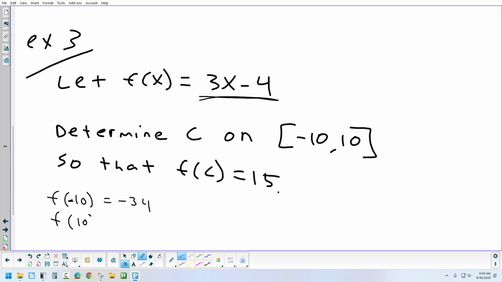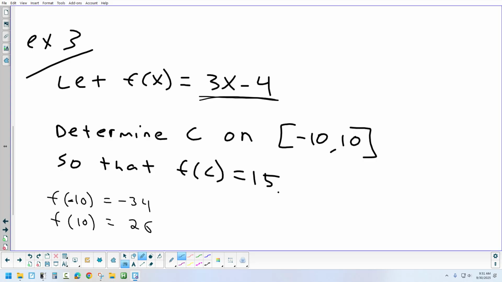And what if I plug in +10? So if we plug in 10 for x in f of x, 3 times 10 minus 4, we get 26.